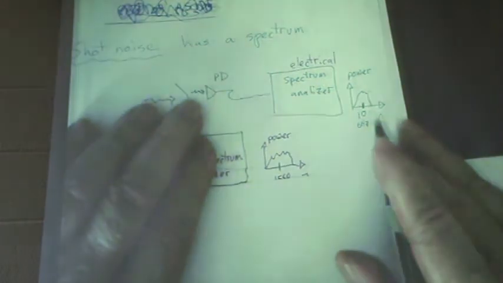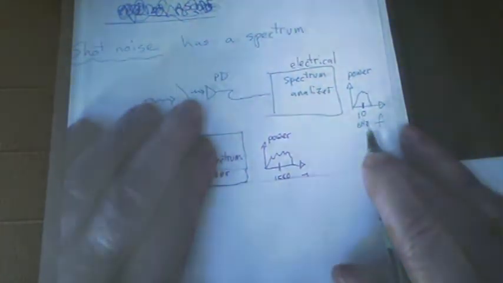If it's maybe typically 10 gigabit per second binary AM, then that's going to be around 10 gigahertz. But here's my frequency bandwidth, centered at whatever carrier frequency I'm at.